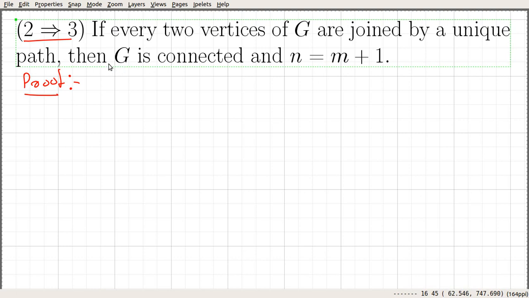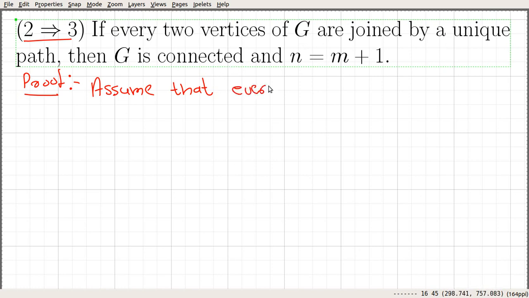Okay, so we are going to prove this by mathematical induction. So assume that every two vertices of G are joined by a unique path.